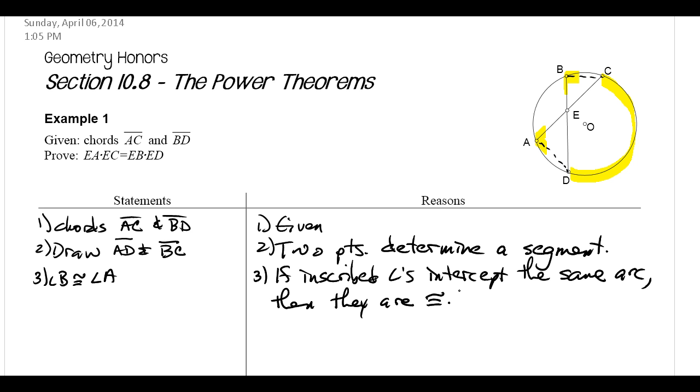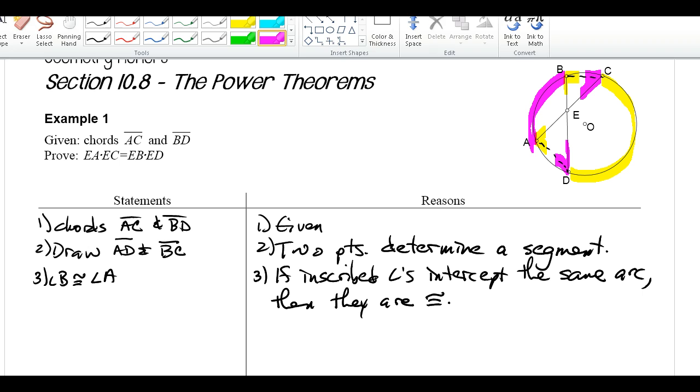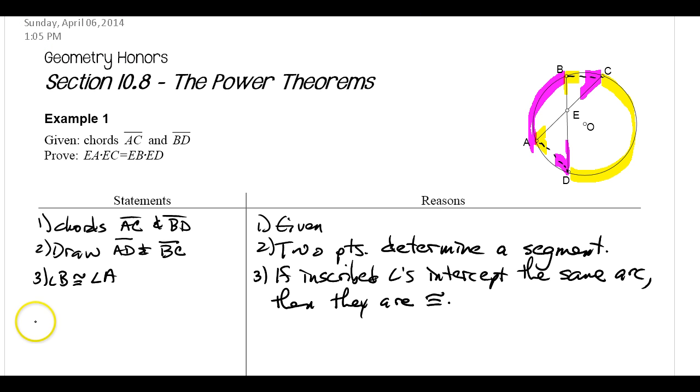And I can do the same thing with angles D and angle C. I could use the vertical angles, but I'm not going to use those. So I can see that angle C over here and angle D over here, they both intercept arc AB. So those two angles are going to be congruent as well. So I've got angle D congruent to angle C, and that's going to be the same reason as 3.